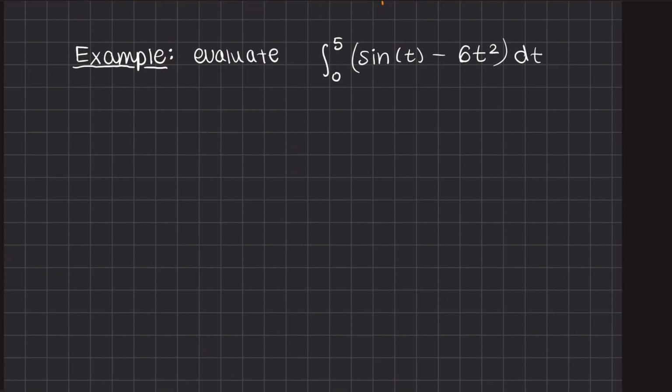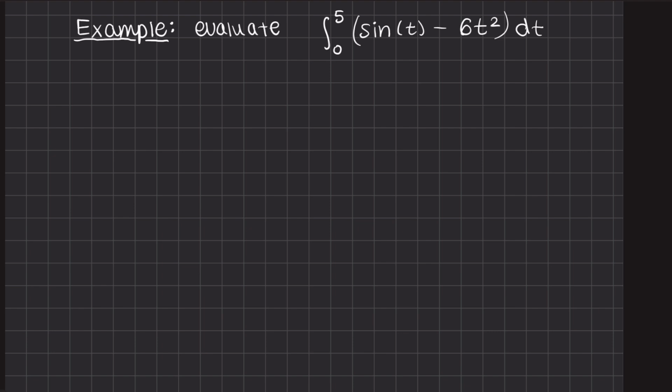So we're going to start with an example where we're evaluating a definite integral. We are looking at the integral from 0 to 5 of sine of t minus 6t squared dt. What we need to do is find an antiderivative of sine of t minus 6t squared, and we can do it piece by piece.